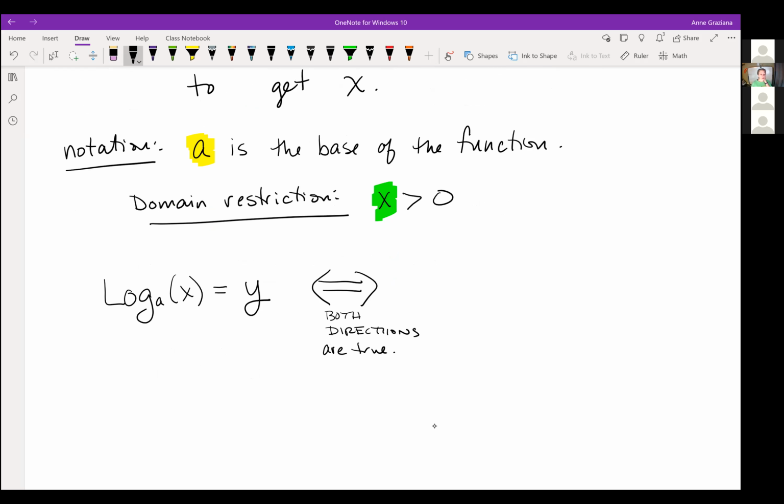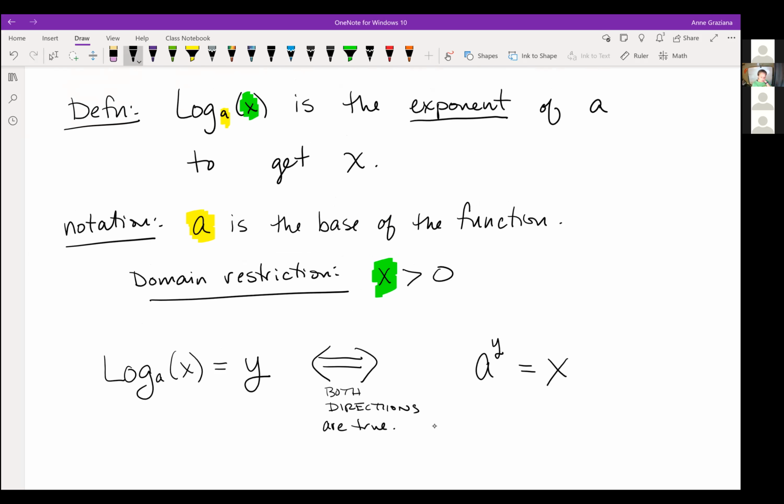What this means is y is the exponent you put on a to get x. The log base a of x is the exponent of a to get x. So if we call that exponent y, this is an equivalent statement: a to the power of y is equal to x. These mean the same thing.